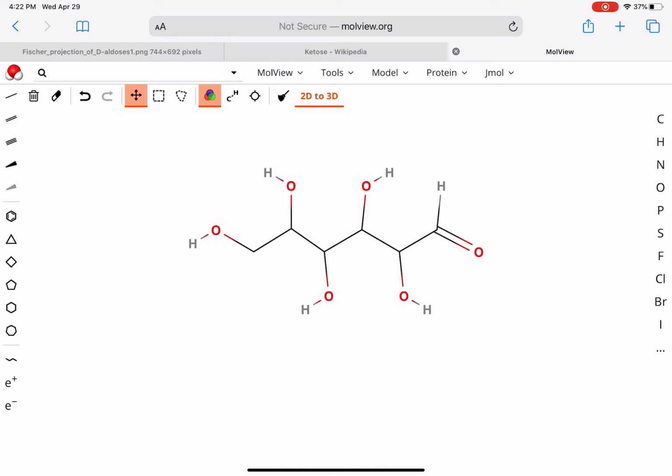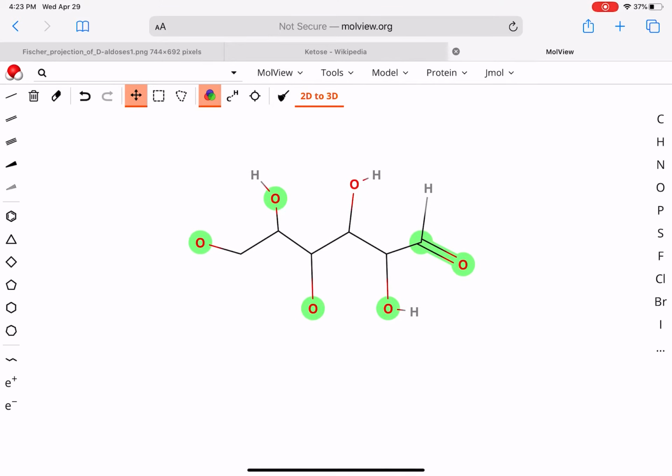And so what we're going to see happen is the formation of an acetal between this guy right here and one of the OHs on this molecule. And there's a lot to choose from. So part of our job is going to be to figure out which one to choose. Oh, I just lost a couple hydrogens. I don't know where they went, but maybe we'll see them come back.